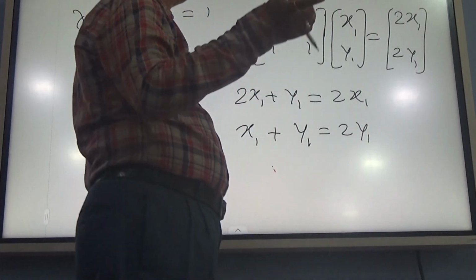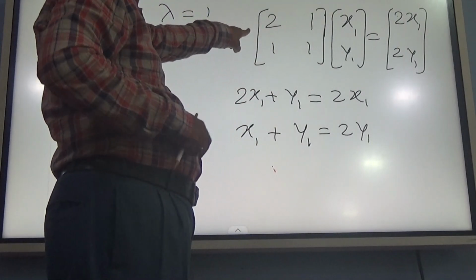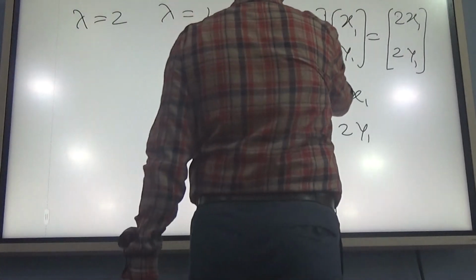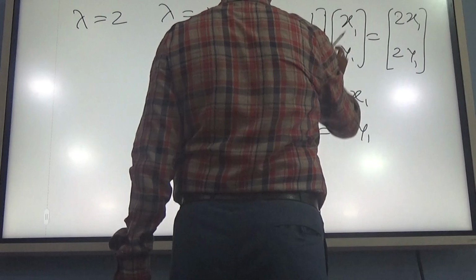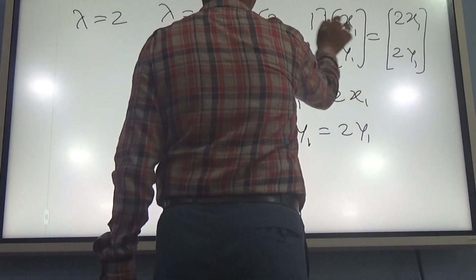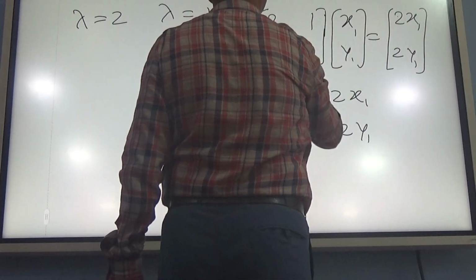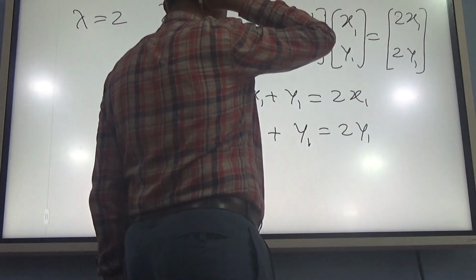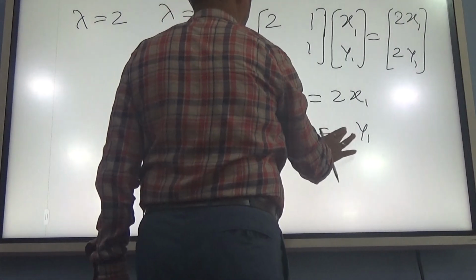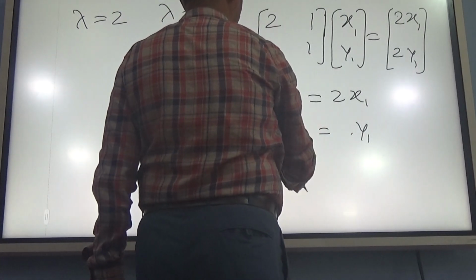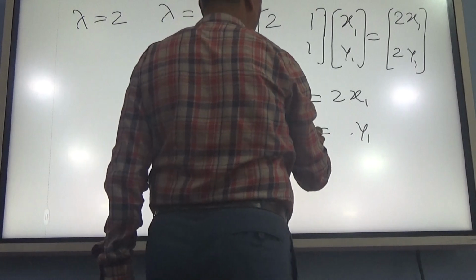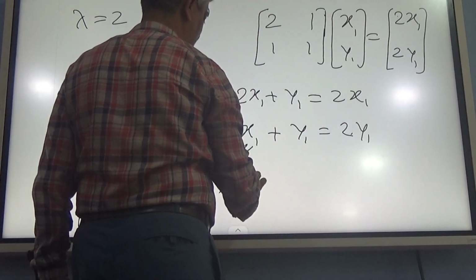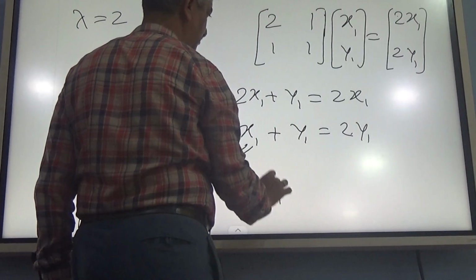No. What happens? 2, 1, 2x1. Oh sorry. 2x1, 2x1. 2x1 plus y1 is 2x1 and x1 plus y1 is 2y1. So we get x1 equal to y1. So we immediately get x1 equal to y1, right?